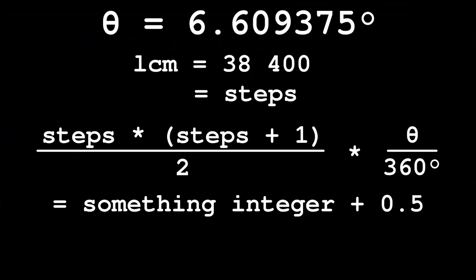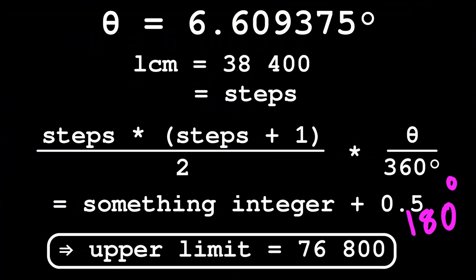The rest is 0.5, meaning the turtle did half a turn. So to be completely home, the turtle needs to take these steps twice. The upper limit for the turtle to be home, given that this formula is correct, is after 76,800 steps.